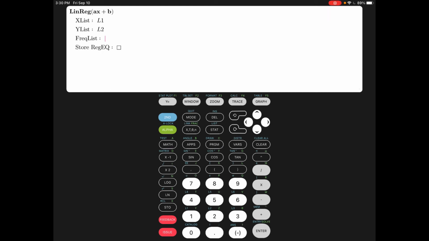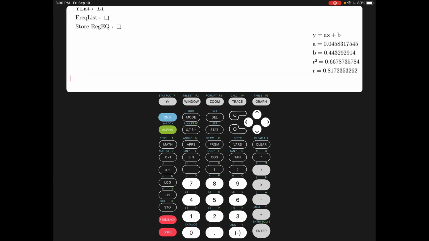The thing that's going to change this time is that I'm going to tell it that the x list is L2. I'm just switching the variables for the calculator because it will never do what I want it to directly. So I'm going L2 for my, quote, x list. I'm switching them up, which means I'm going to switch them up when I write the answer too. So I have L2 and L1.